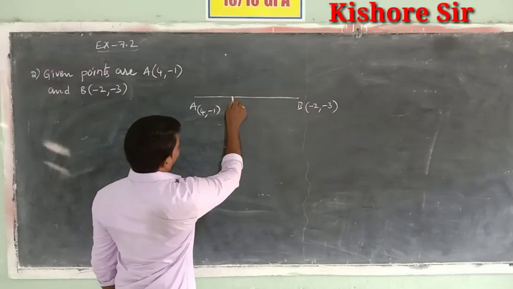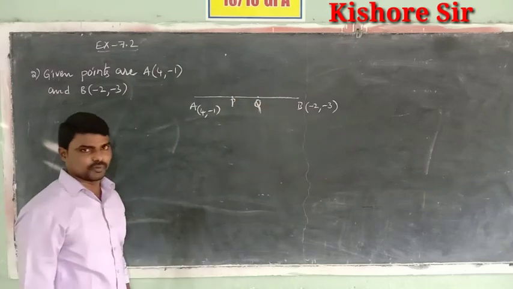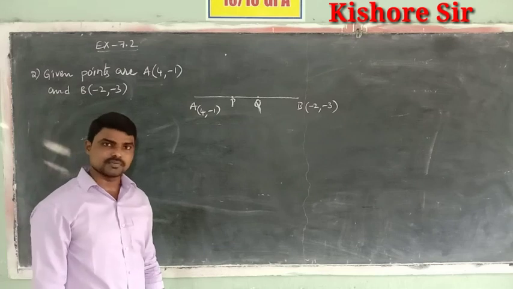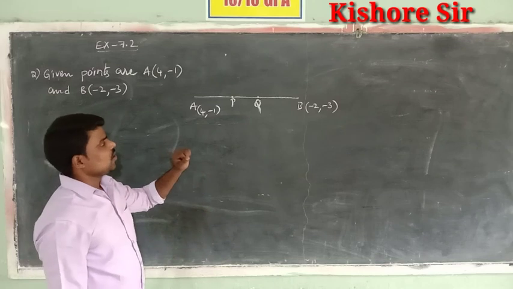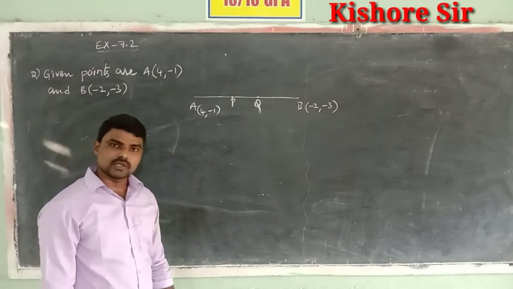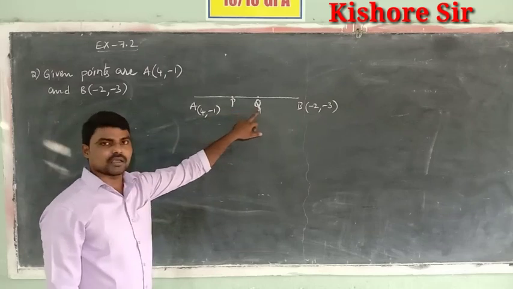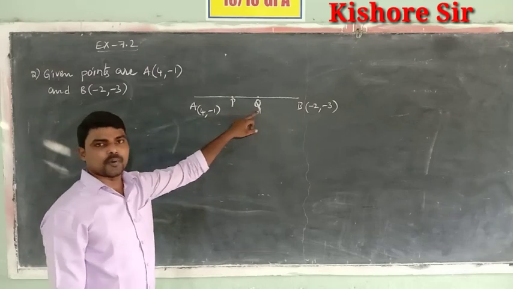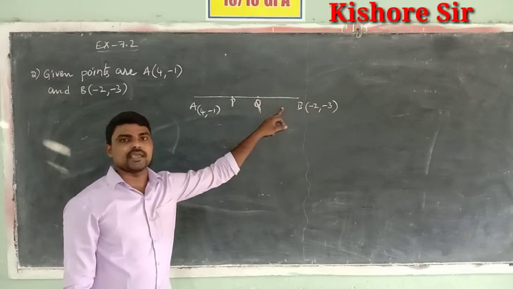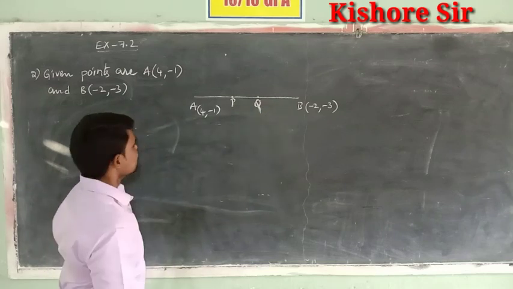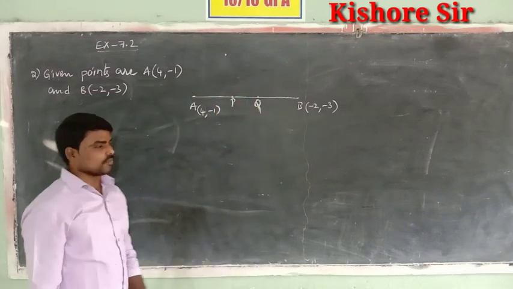So take 2 points, those are P and Q. Trisectional points means the points which divide a line segment into three equal parts. P and Q are any two points. These 2 points divide the line segment AB into 3 equal parts. So these 3 parts are equal.